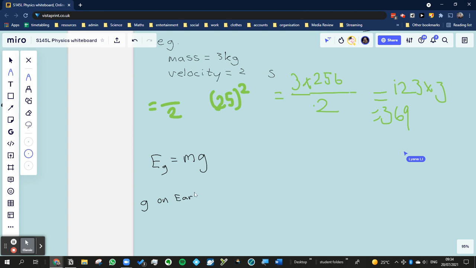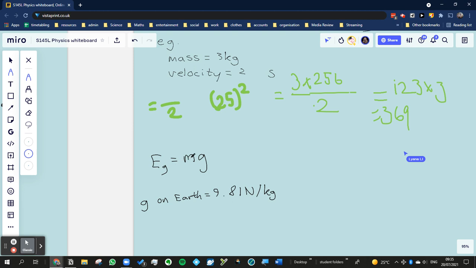Do you know what the gravity is on Earth? No, okay. It's 9.81 newtons per kilogram. What this means is that every kilogram will experience a force of 9.81 newtons. That is how strong gravity is.